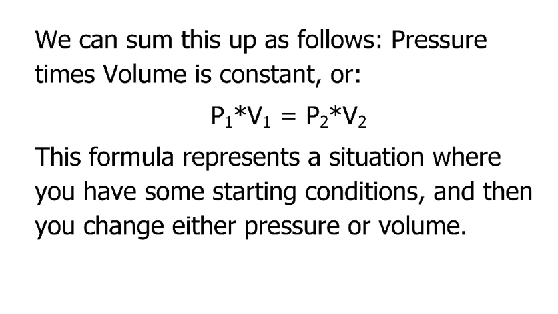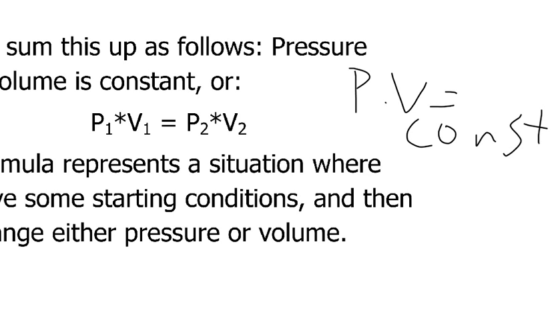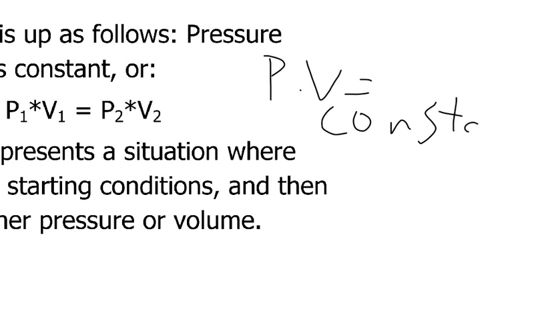But the point is that the product of these two, the pressure and the volume, has to stay constant. So just to write that over here, pressure times volume has to stay constant.